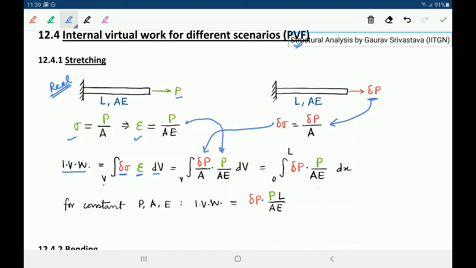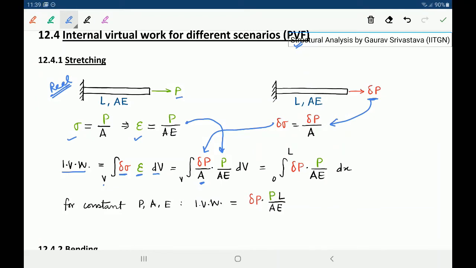Eventually we get that, and you all know that this volume integral can be converted to a length integral and an area integral combination. If we assume that E and P do not change across the cross section, that area integral integrates out to just A, which will cancel out one of these A's. So we eventually get a length integral.